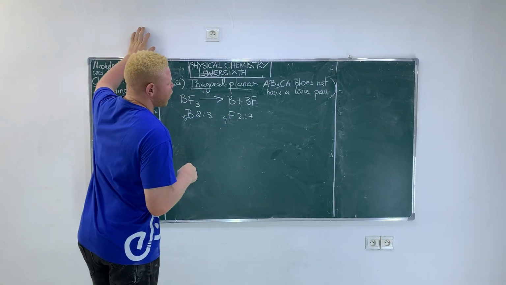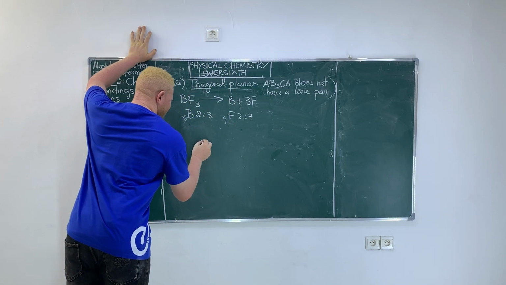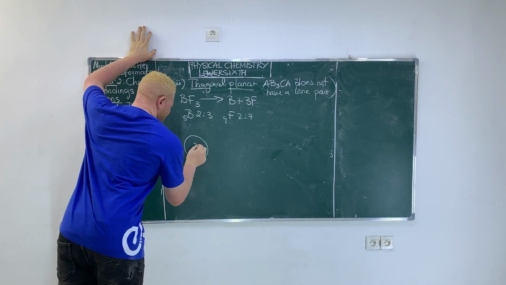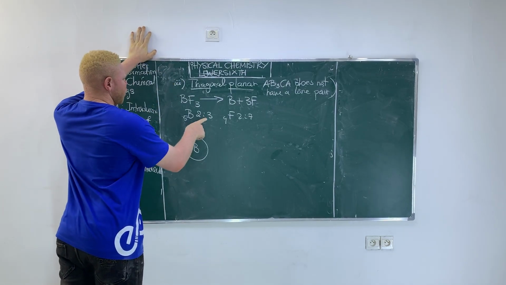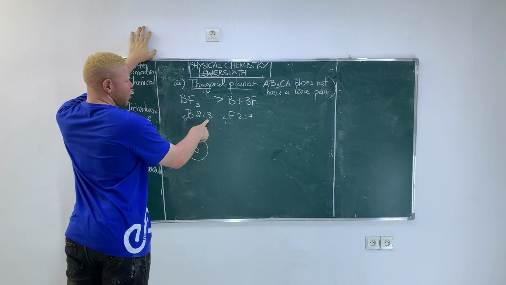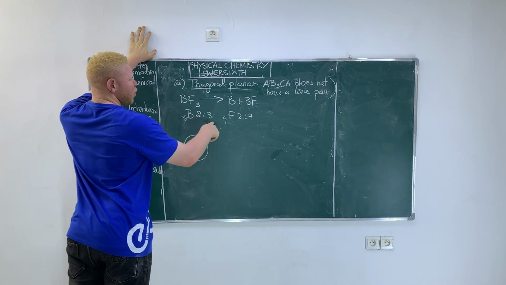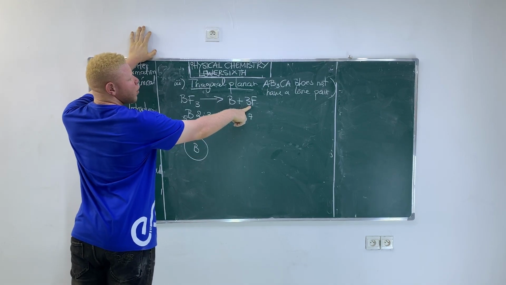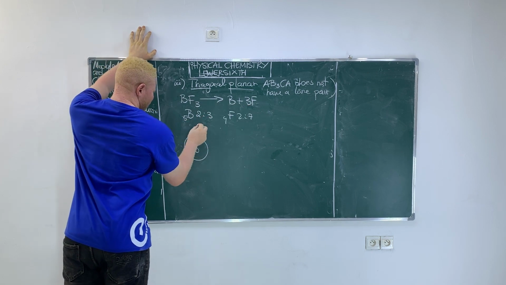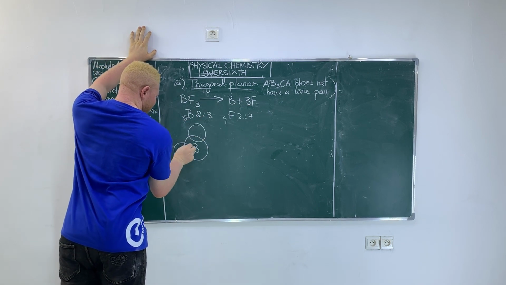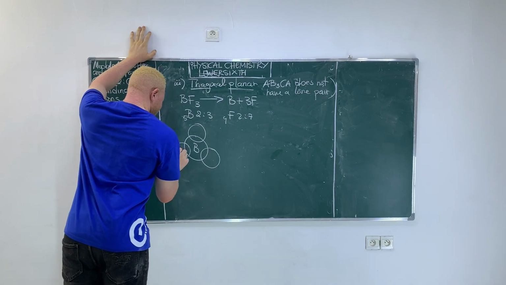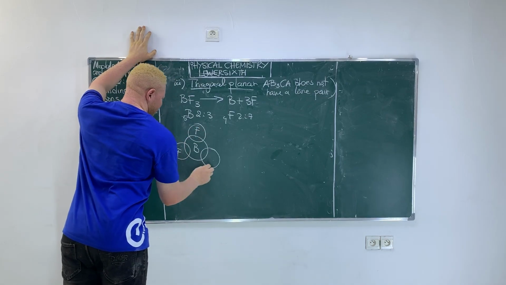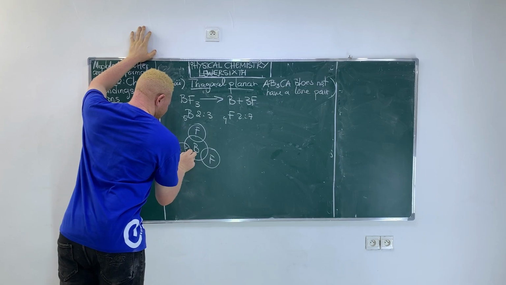So let's draw the dot and cross diagram. Having boron, 3 electrons in the outermost shell. Each of the boron electrons will combine with one of the fluorine. Here we're having it like that. Fluorine.